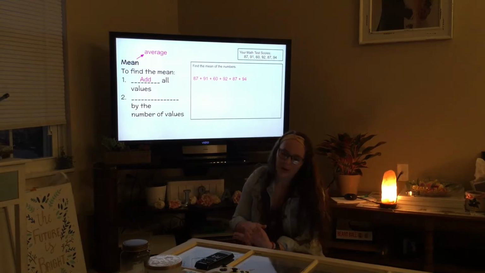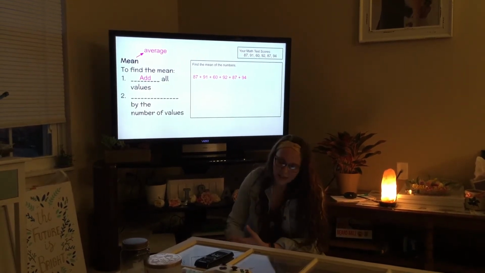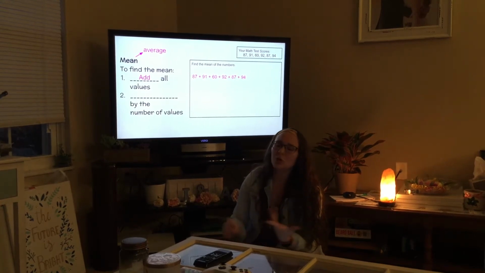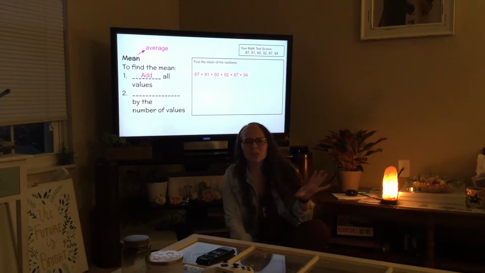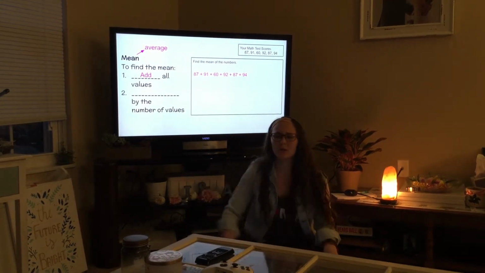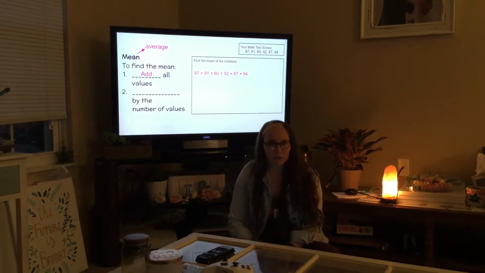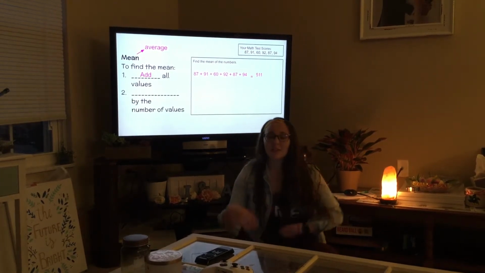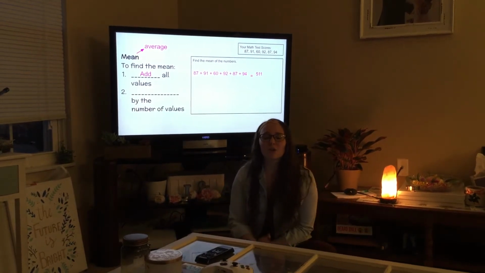So we're going to go ahead and add up 87 plus 91 plus 60 plus 92 plus 87 plus 94. You would be able to go ahead and type that into a calculator, okay? So you don't have to do it in your head or off to the side. You'd be able to use a calculator for this. But once you find the sum of those, we would say the sum is 511.